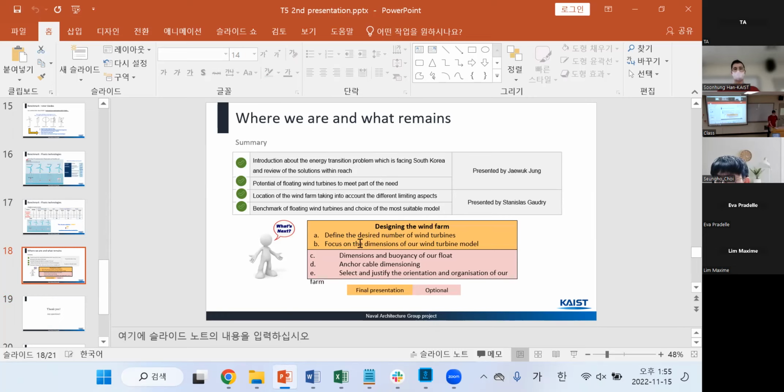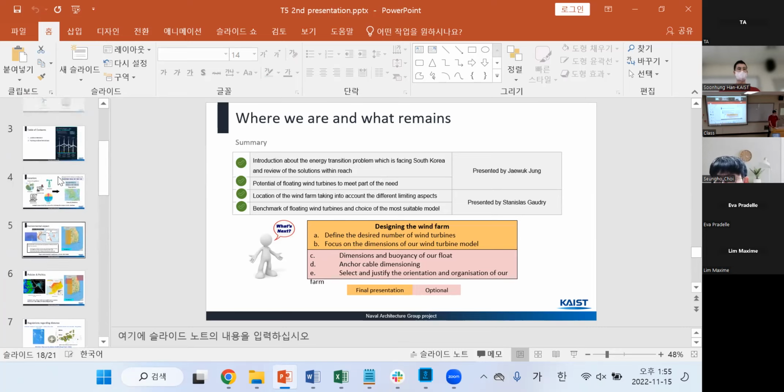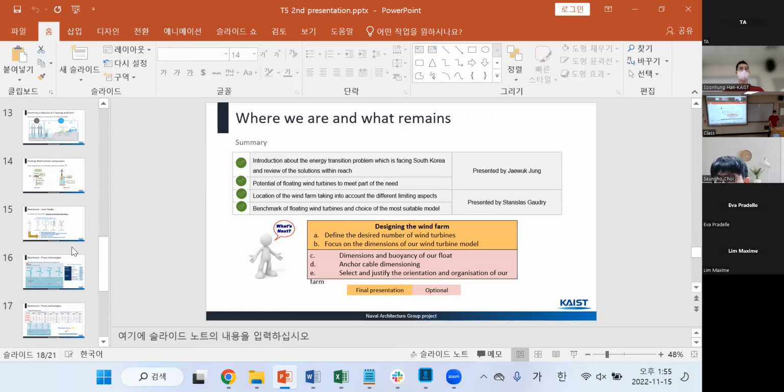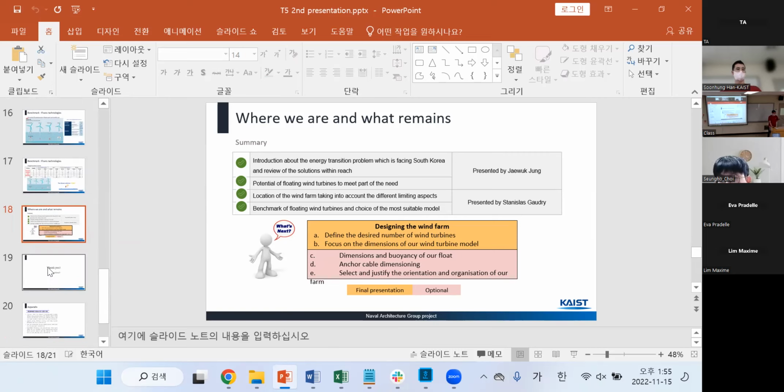So as I said, we'll define the number of wind turbines at the next step. But knowing what we want to produce, we set the goal to produce 80 megawatts for the farm. And I think a wind turbine is around 1 or 2 megawatts. I mean, it all depends on the size of the diameter, right? So the goal is to choose the right number, an economical number.